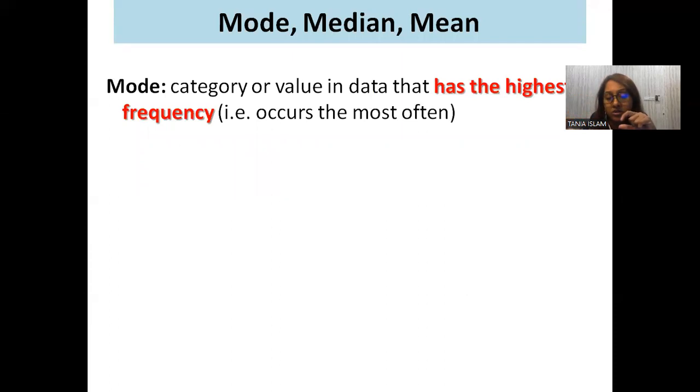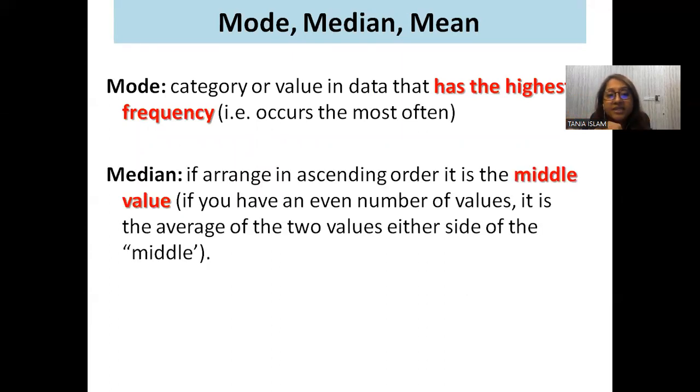The median is the most middle value if you arrange the data in ascending or descending order. If there is an odd number of data, you get one middle value, the median. But if it's even, then you will get two. And the mean we use most commonly, which is the arithmetic average of the data.